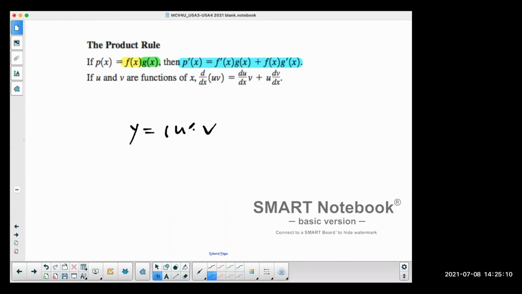Then to find the derivative, it's UV prime plus VU prime. That is the first bracket times the derivative of the second bracket plus the second bracket times the derivative of the first bracket. Let me show you an example and it'll become obvious.